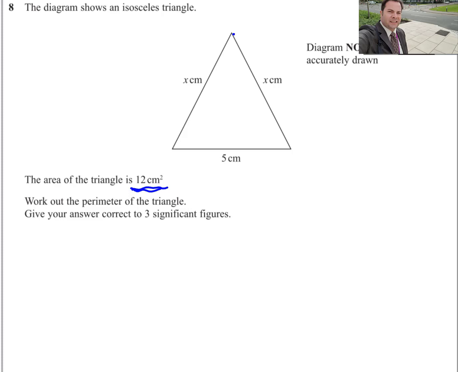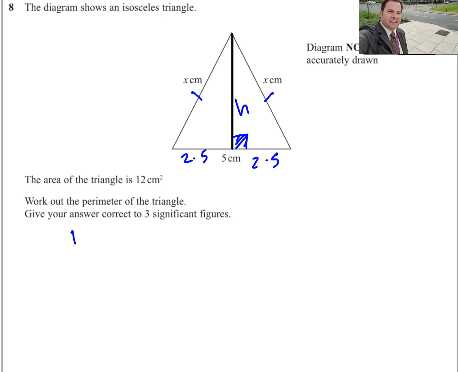Because this is an isosceles triangle, if you drop the perpendicular line from the vertex to the base, it makes 90 degrees, and since these two sides are equal, it bisects the base into 2.5 and 2.5. How can I find the height?